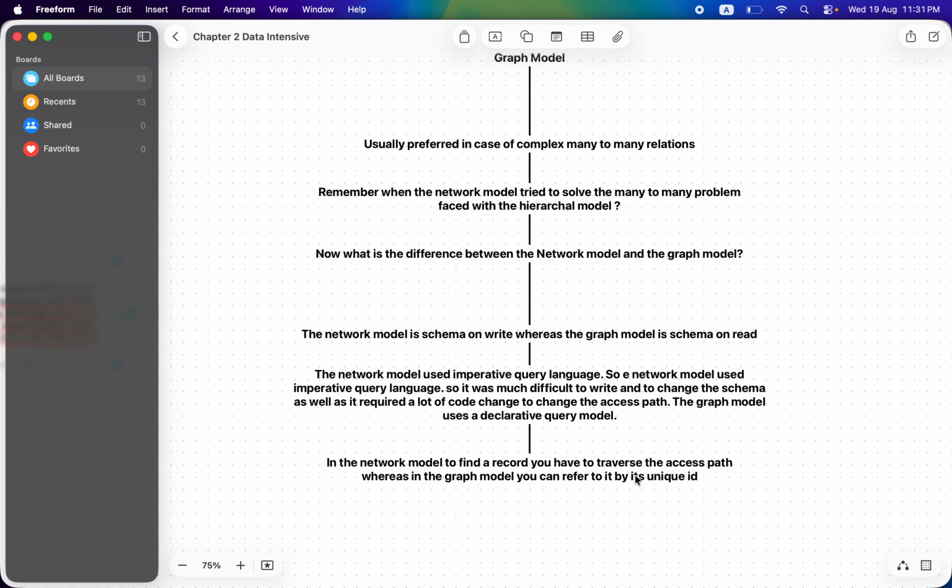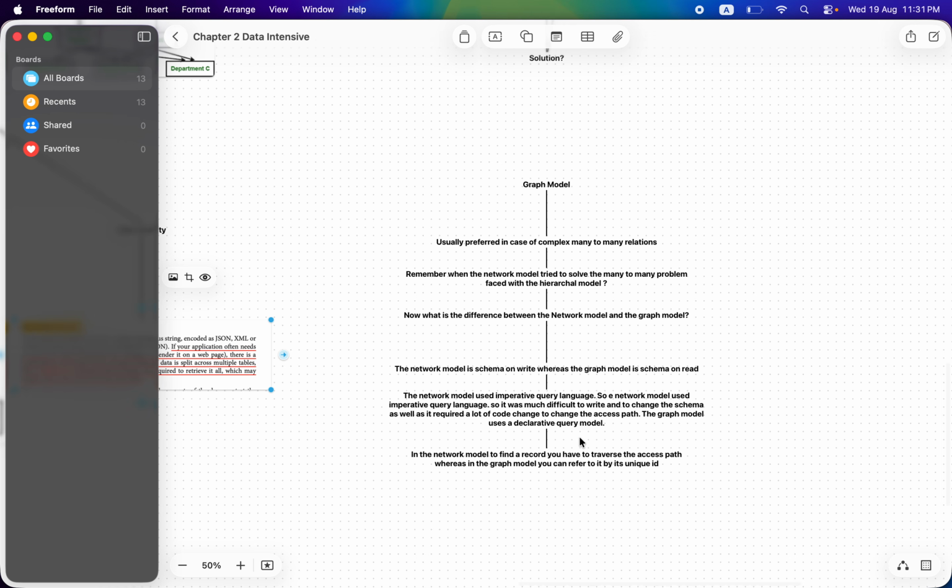And last, the network model is schema on write, the same difference we mentioned between the relational and the document model, whereas the graph model is schema on read, so it's more flexible to use.